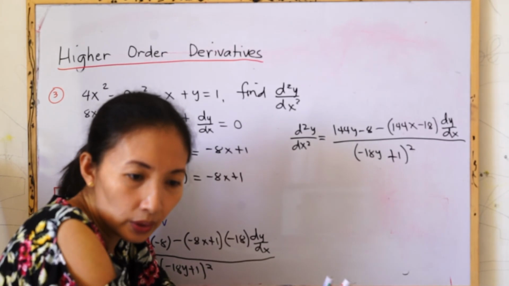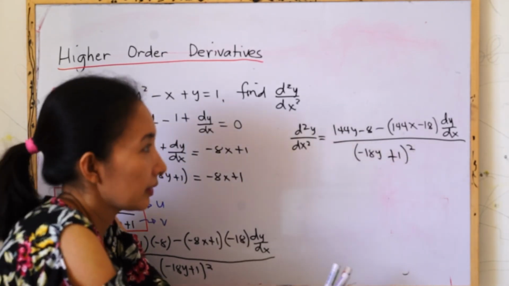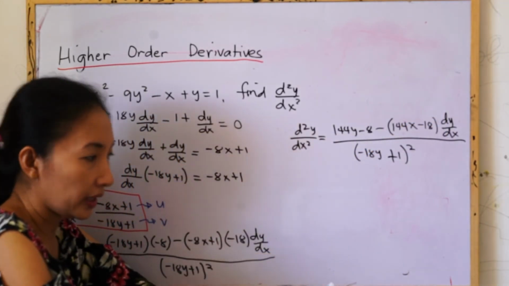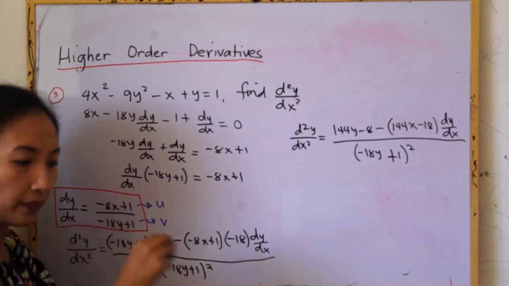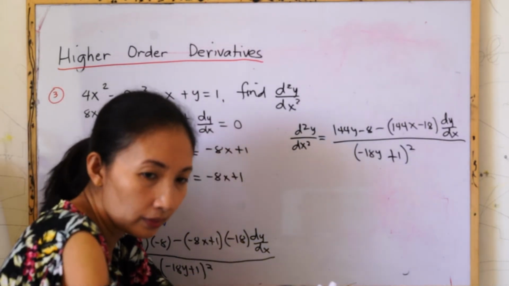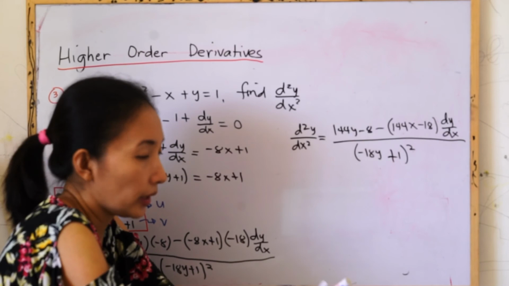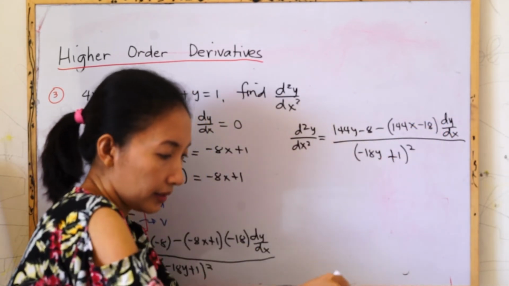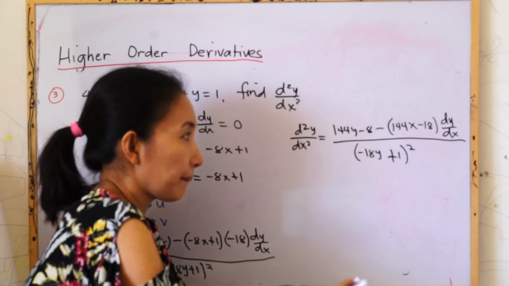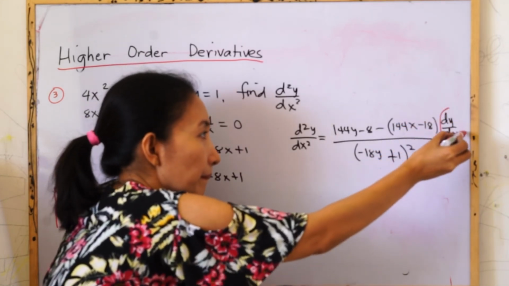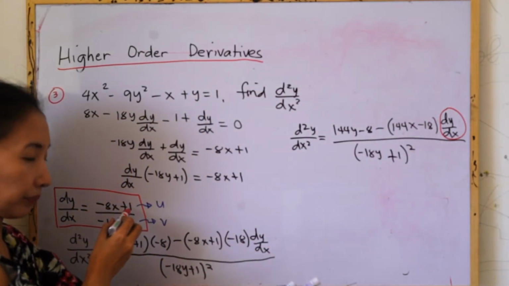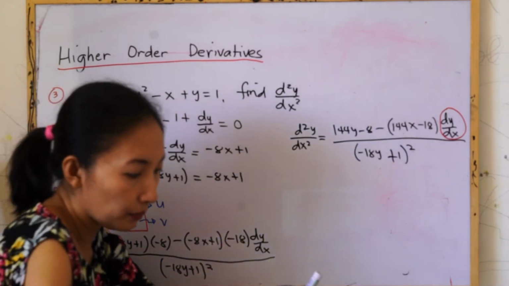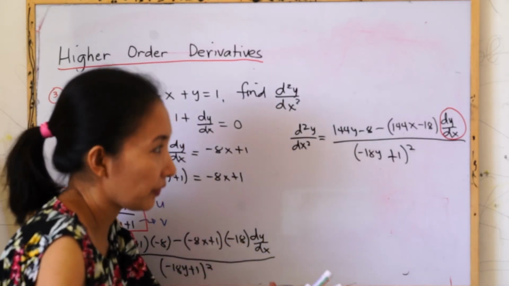From here, what do we do next? Replace dy over dx with this. Can you do that on your own? Do it on your own. Replace dy over dx, that's all, with negative 8x plus 1 over negative 18y plus 1. Then multiply, and then simplify.